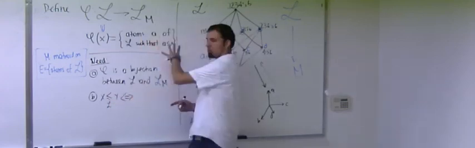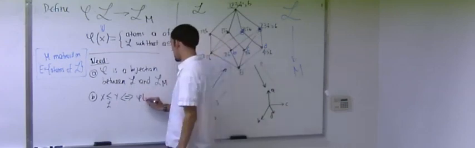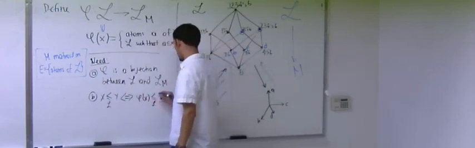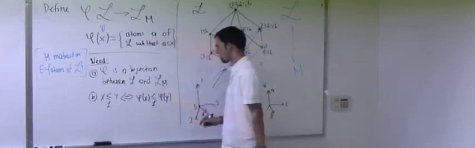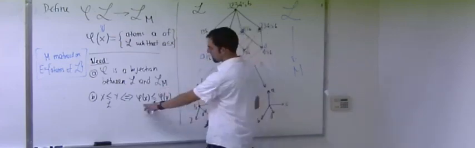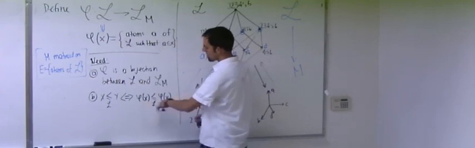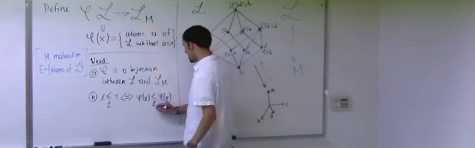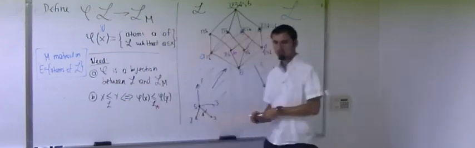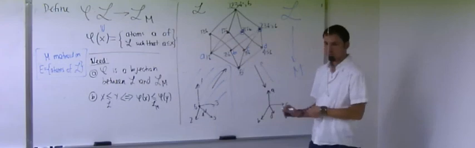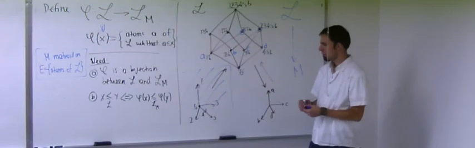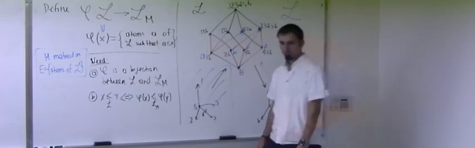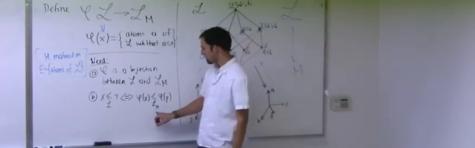when I map them over, phi of x is less than phi of y, but not in L. Because these things are in L sub M. So we're saying that the set of atoms that are smaller than x is smaller than the set of atoms that are smaller than y.